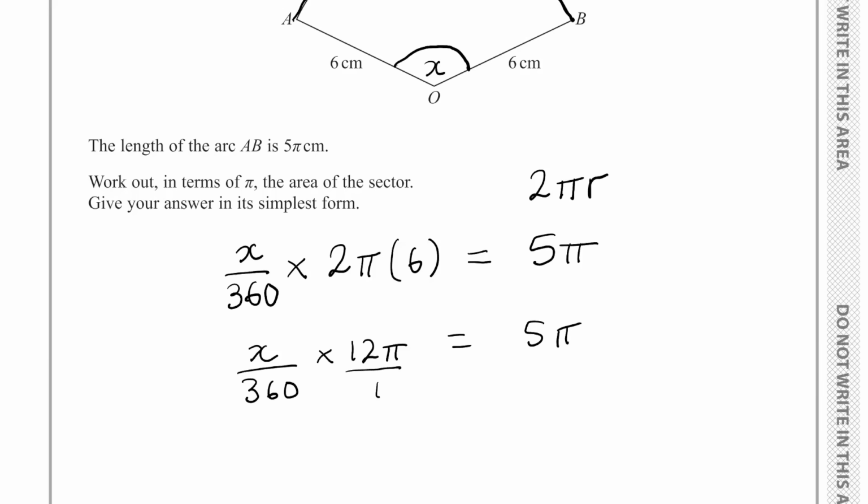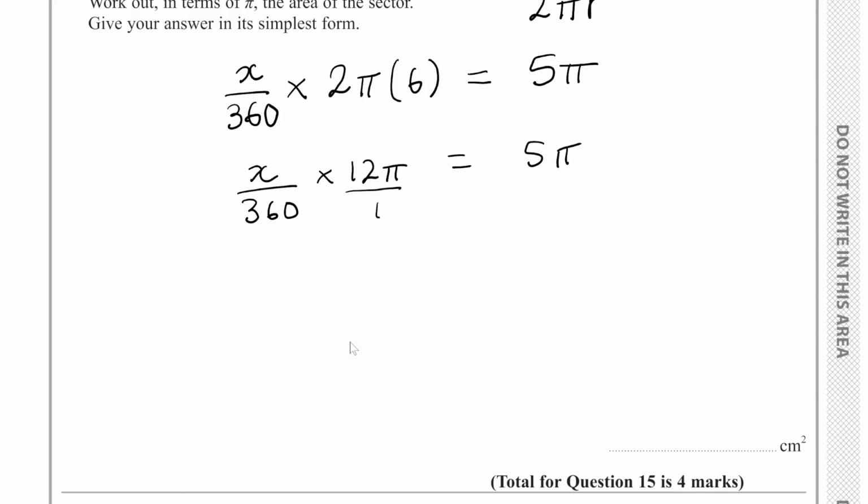If we multiply fractions, we multiply the top, multiply the bottom. So we've got 12 pi times x over 360 equals 5 pi. I can divide both sides by pi now, just cross off the pi.